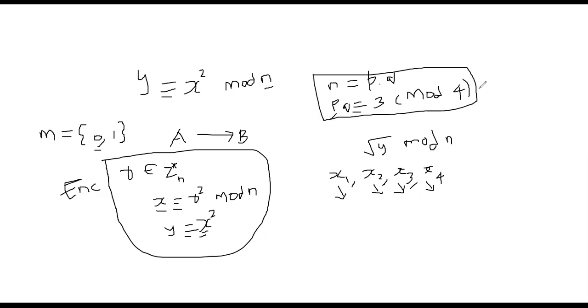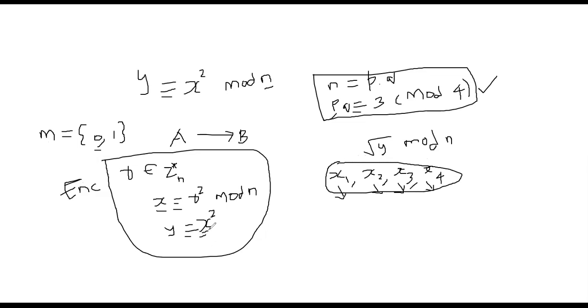Why does only one element among the 4 elements have the property that the Jacobi symbol is 1? That's because whenever you have P and Q being 3 mod 4, and you compute the square root of a number, you get 4 possible square roots. Among the 4 possible square roots, only 1 is a quadratic residue, and that is exactly the element sent by Alice, because Alice is sending a quadratic residue.